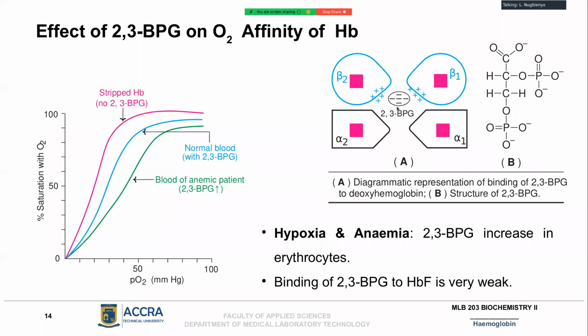So that is like an adaptation to the lesser amount of oxygen that is present. So you find this happening in anemic patients. If you already have an anemic patient, you are going to have lower blood counts, you are having issues with the structure of your hemoglobin and things like that.